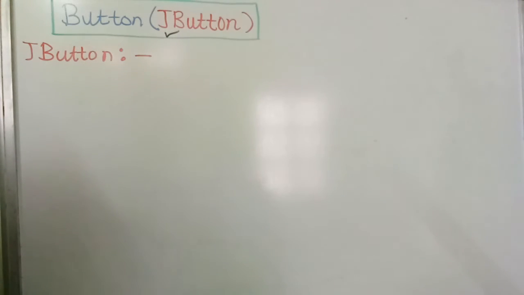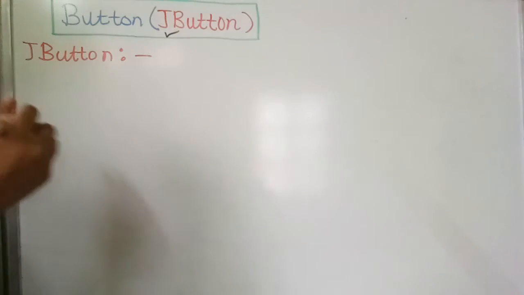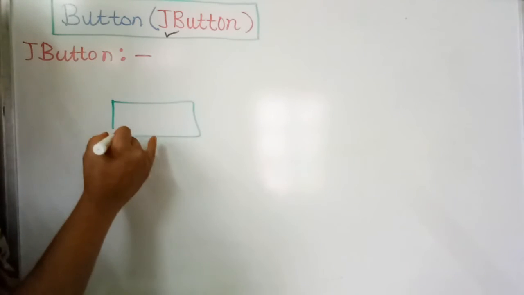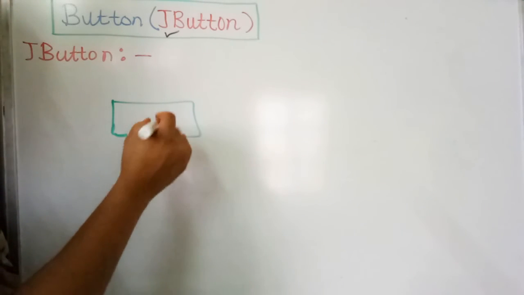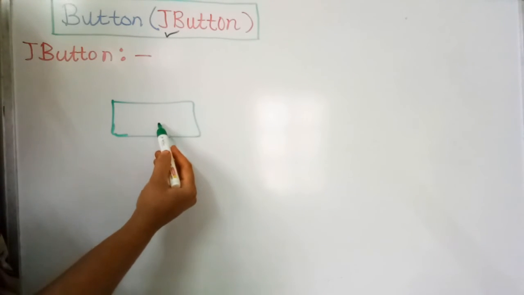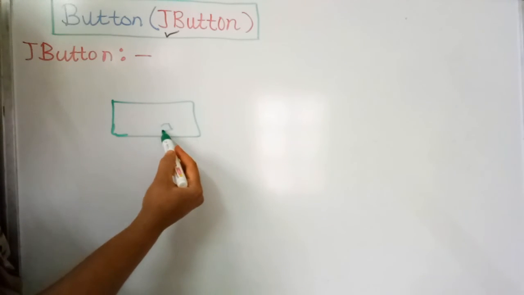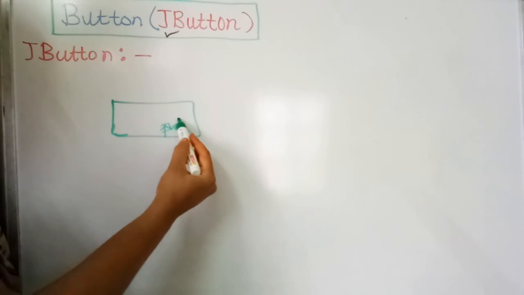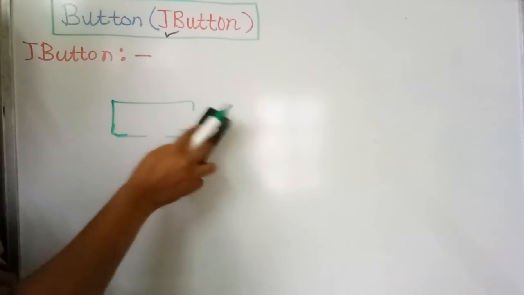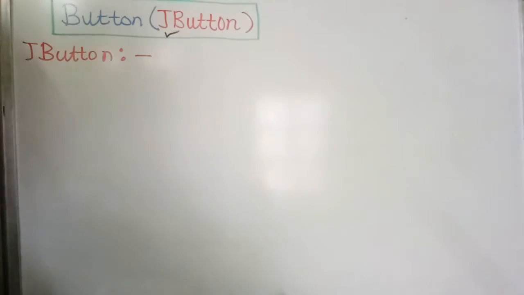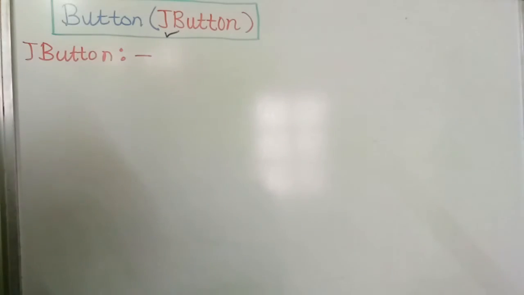Icons are, for example, when you create the button and move your cursor near the button, some arrow symbol or hand symbol is displayed, and these are known as icons. This facility is provided only with the Swing component.